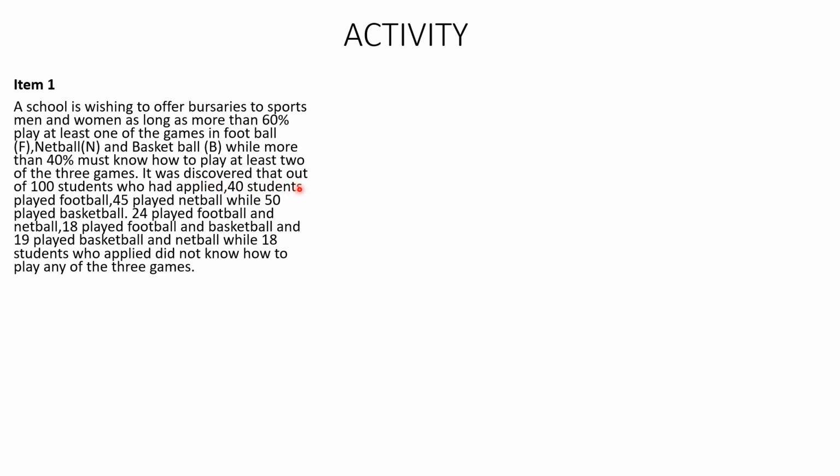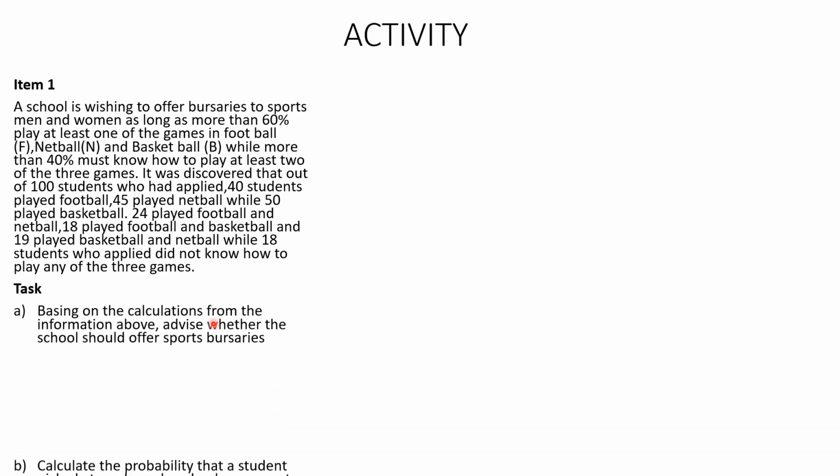It was discovered that out of 100 students who had applied, 40 students played football, 45 played netball, while 50 played basketball. 24 played football and netball, 18 played football and basketball, and 19 played basketball and netball, while 18 students who applied did not know how to play any of the 3 games.